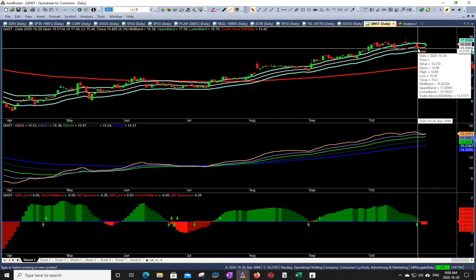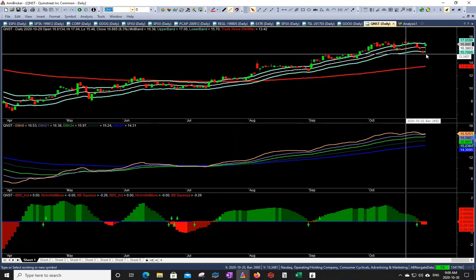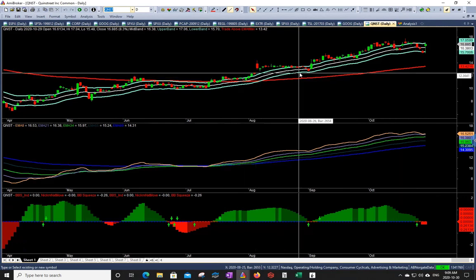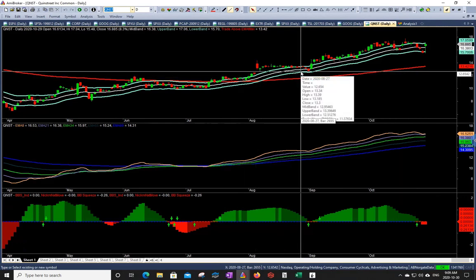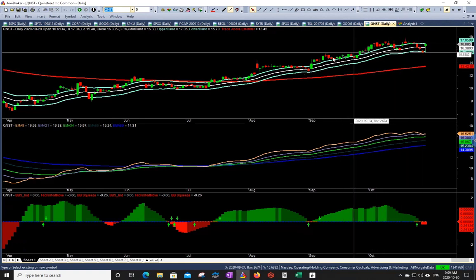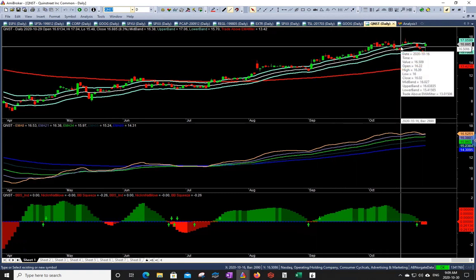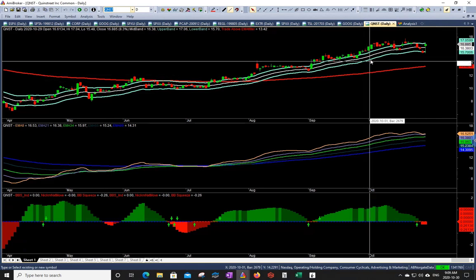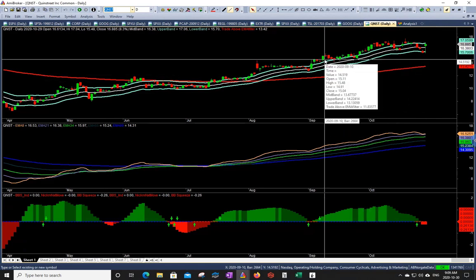What this does is find some of the strongest moving stocks in the market, and they have to be fairly close to their highs. That's why when I flip through the charts, you'll notice that a lot of these stocks are still quite strong, even though the market has taken a bit of a beating coming into the US elections. So it's finding the strongest stocks in the respective universes that we're trading, and it is looking for specific conditions. I'll summarize those conditions very simply.